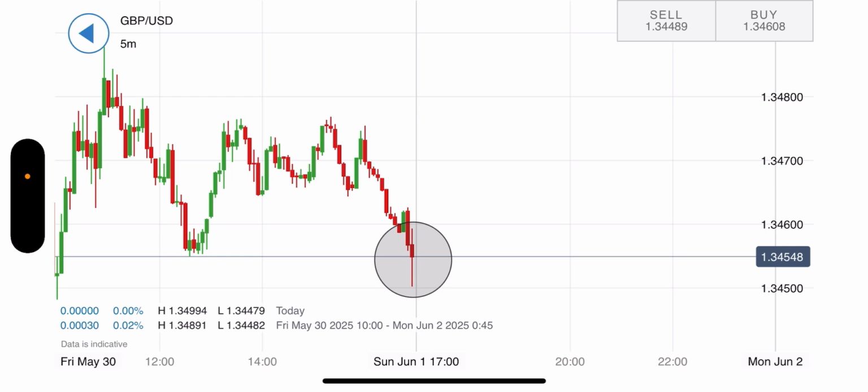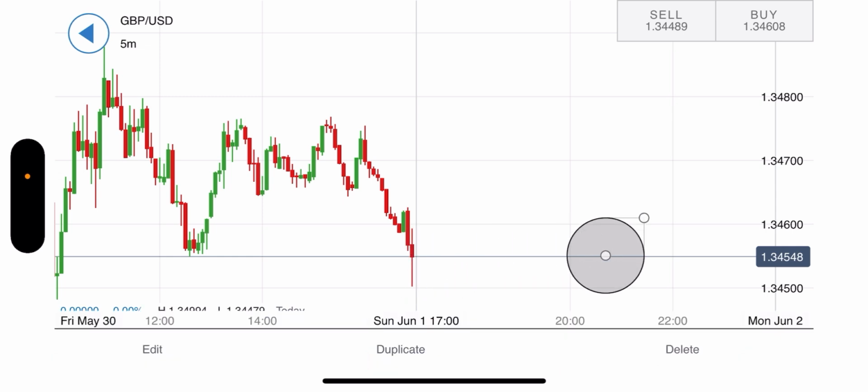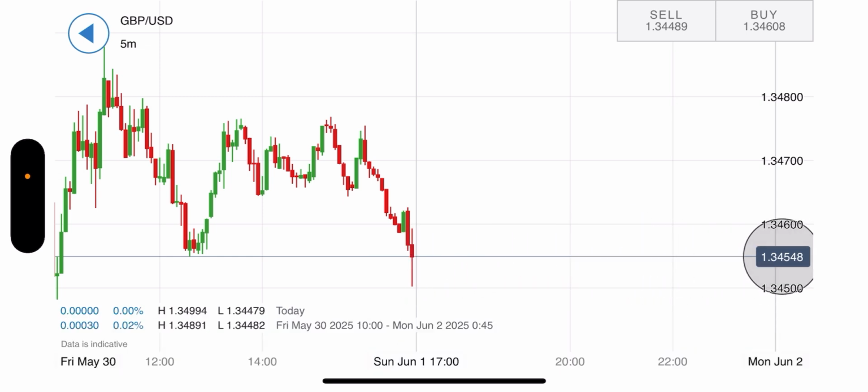This is a red or down candle, which means the period closed at the bottom of the candle body, and that is why you already see that horizontal line, because that is the market price when the market closed for the weekend. If I drag this oval over here, you will see that 1.34548 is the closing price for the weekend.